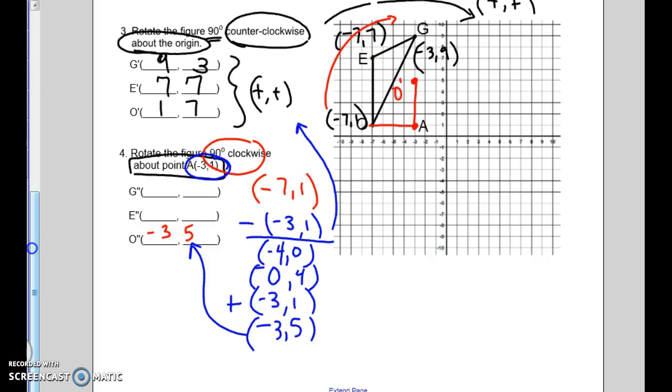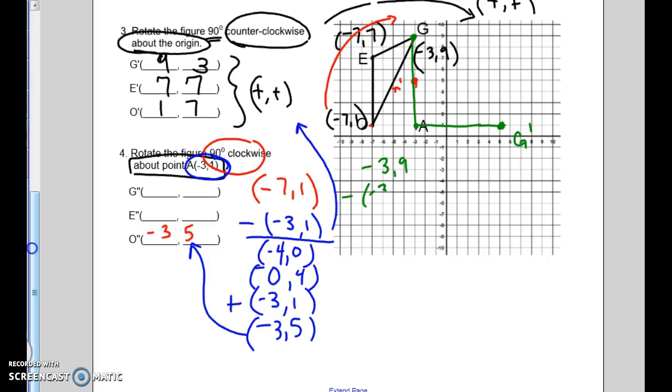So same thing with G. I'm going to erase a few of these marks just so we don't get too cluttered. Point G right here. How do I get from A to G? Well, if I rotate that line 90 degrees clockwise, it would end up over here, the same number, 8. So this point right here would be my new G prime. If I did the mathematical way, G is at negative 3, 9.